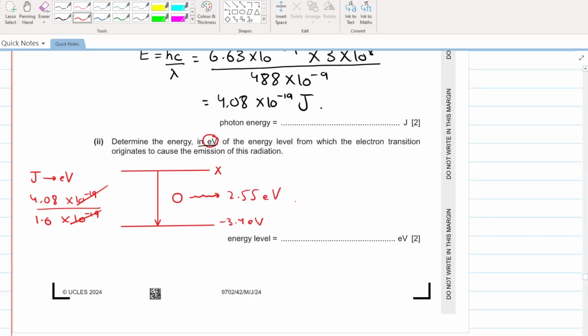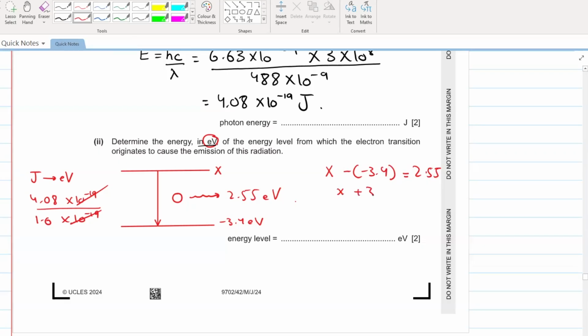Now, what does this mean? In simpler terms, if you subtract the lower energy level from the higher energy level, the energy difference is 2.55.